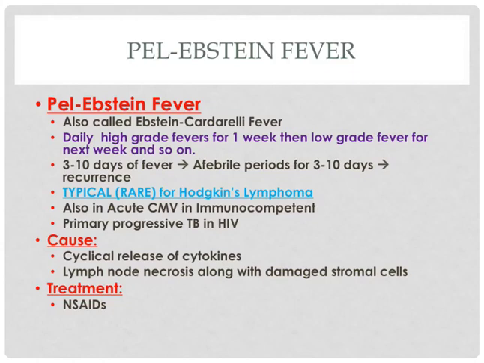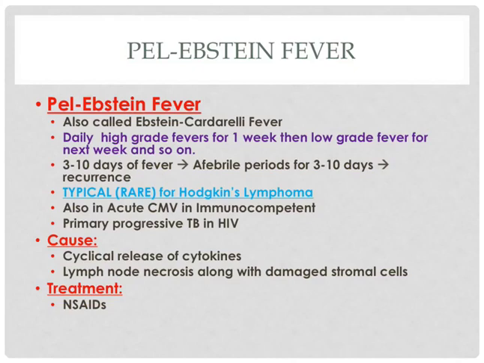Then they have low-grade fever for the next week, and so on. So they keep having this pattern where they have about 3 to 10 days of high-grade fever. Then they become afebrile, and then they have the same pattern again. It's very typical for Hodgkin's lymphoma, but it's also rare when you see a Hodgkin's lymphoma patient.